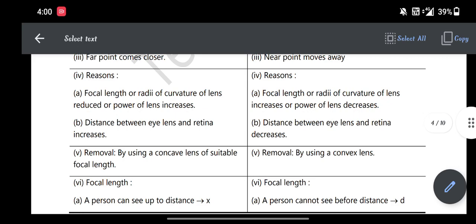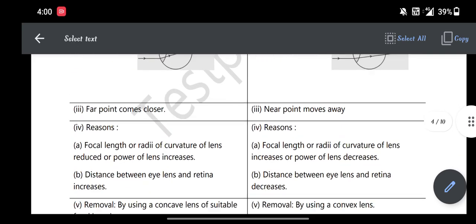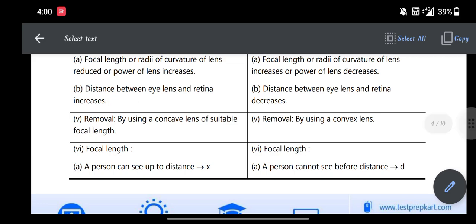The reason is that the focal length or radius of curvature of the lens increases, or the power of the lens decreases. That's why they cannot see nearer objects, but they can see distant objects in hypermetropia. The distance between eye lens and retina decreases.